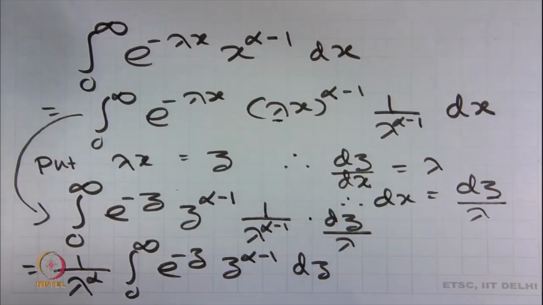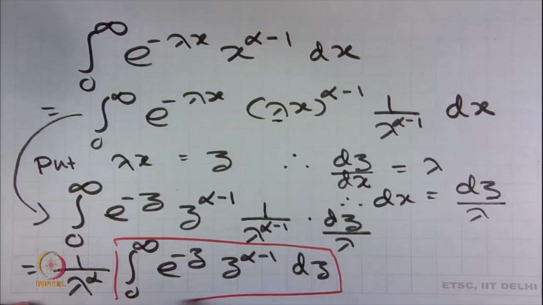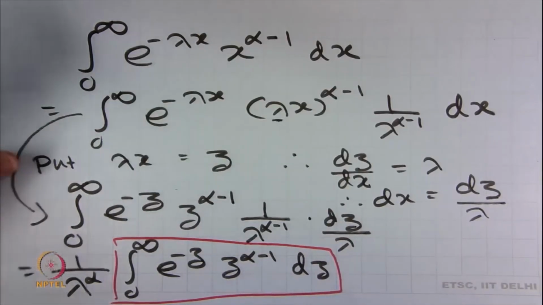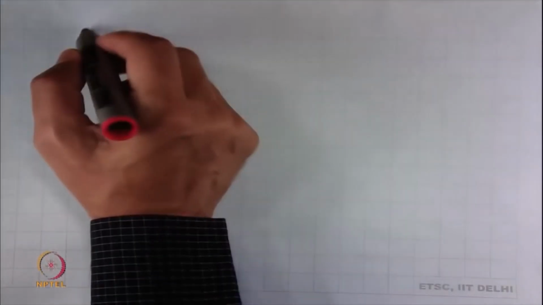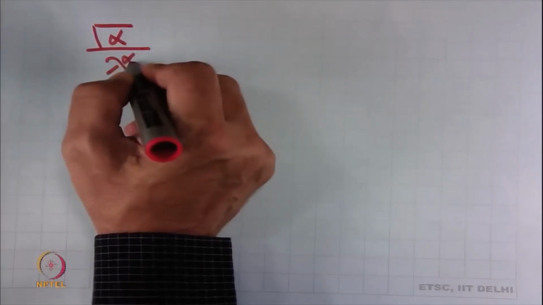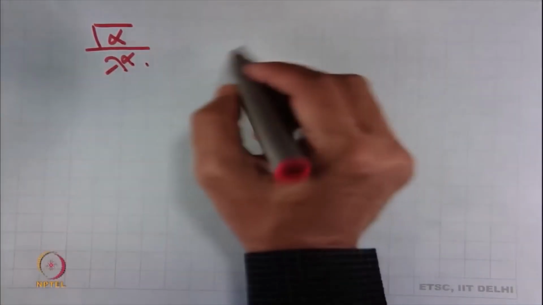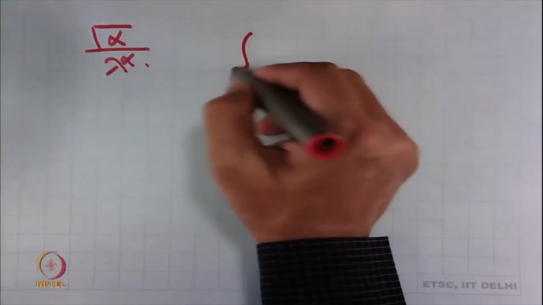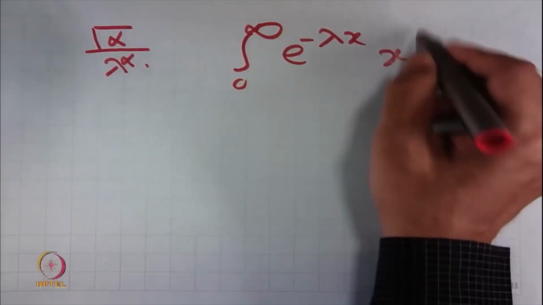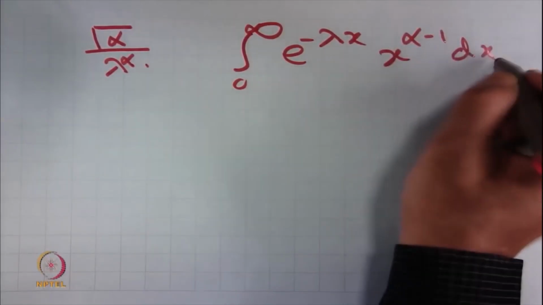If you remember your mathematics, this is the famous gamma integral, and this is actually gamma alpha. Therefore, the whole integration boils down to gamma alpha upon lambda power alpha. So, this is what we have obtained when integrating 0 to infinity e to the power minus lambda x, x to the power alpha minus 1 dx.